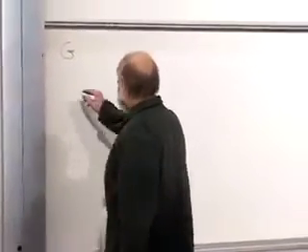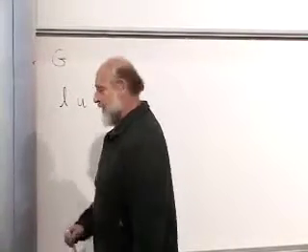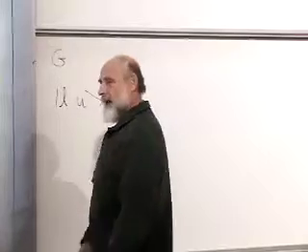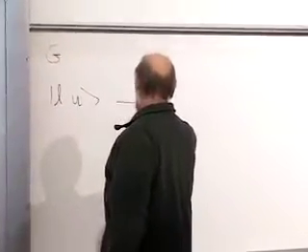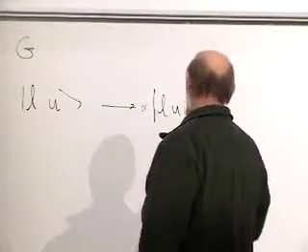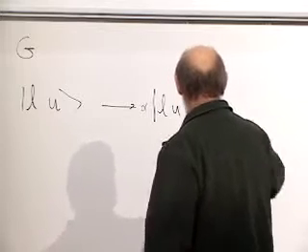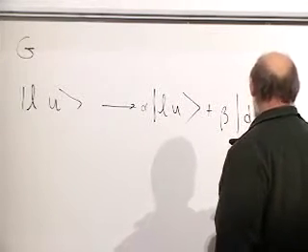You start with a live cat and an unfired gun, U for unfired. And then something happens and you wait a while, and after a while the system evolves into live cat with some coefficient alpha, live cat, unfired gun, plus some other coefficient, dead cat, fired gun.